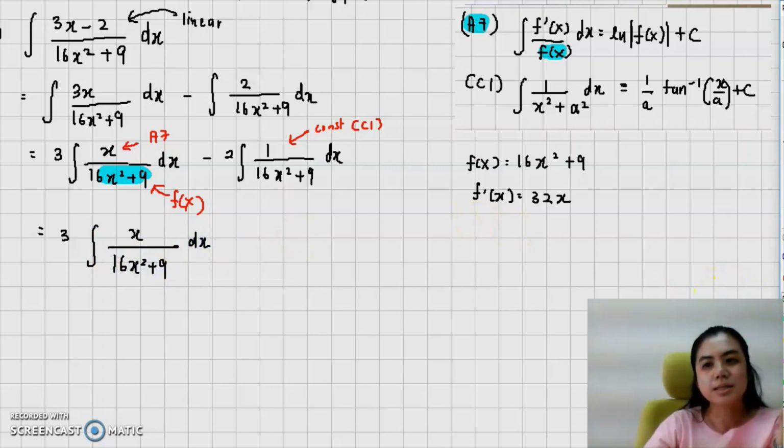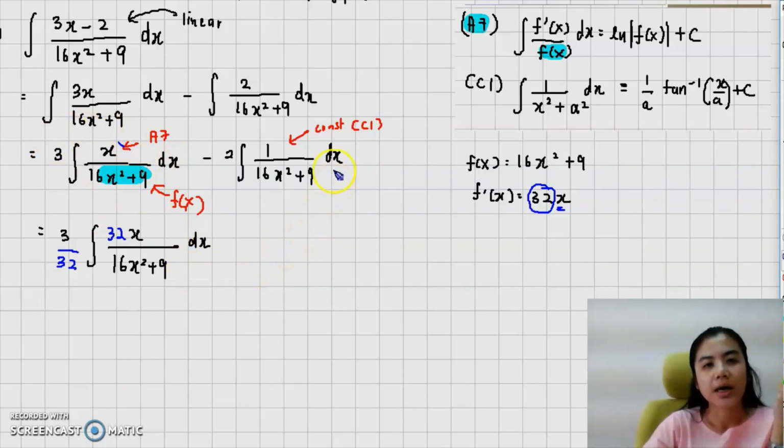We already have the x, but you just need the 32, so just add the 32 here. But we don't want to change the integration, so when you add the 32, remember you have to divide back with 32. Once you cancel back, you get back the original integration. We do not change anything.